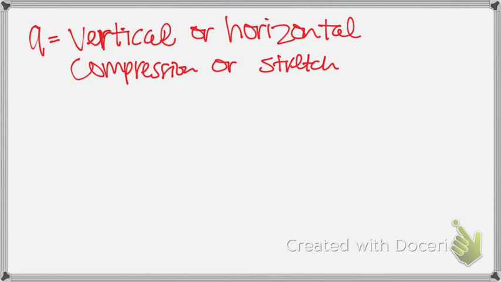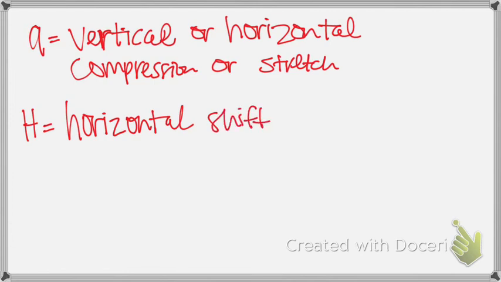All right, now the next one is going to be H. Dylan, what is an H value? A number. And what kind of shift? I need one word. Horizontal. Yeah, horizontal. All right, remember, if the actual H is positive, we go to the right.